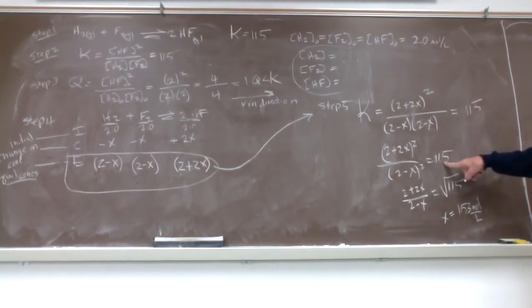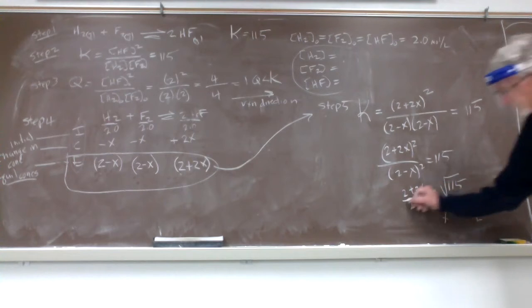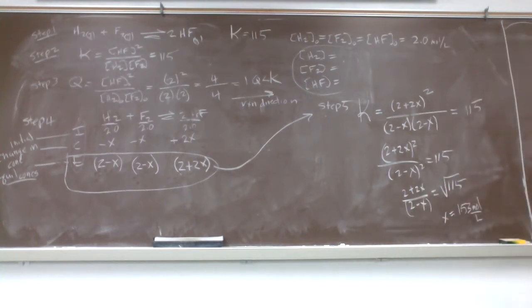Yeah, take the square root of both sides, and that gives you this. I think you mean like the 2 and then 2 divided, cancel out, and then it was 2x over negative x. Oh, okay, no, I see. And I think the square root of 115 is like 10.7, and now you just solve for x.